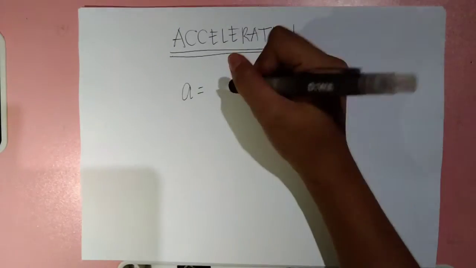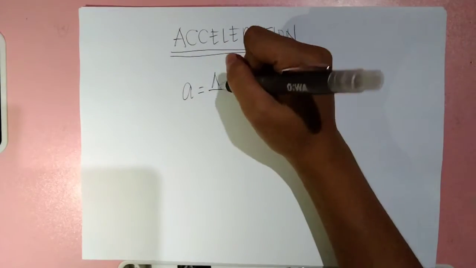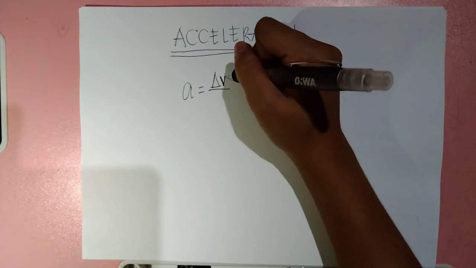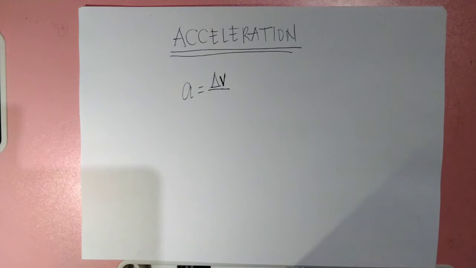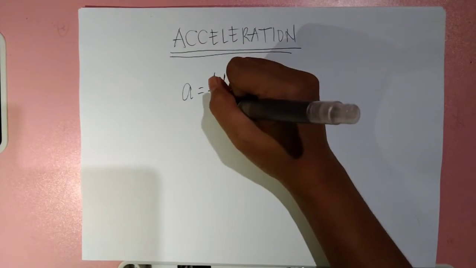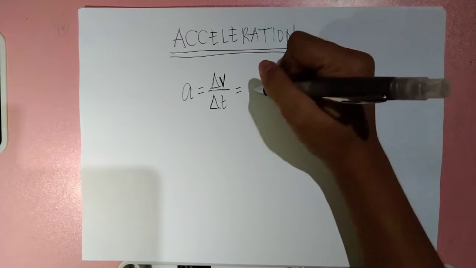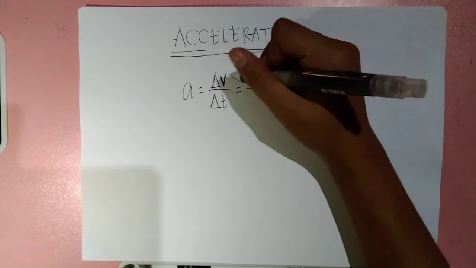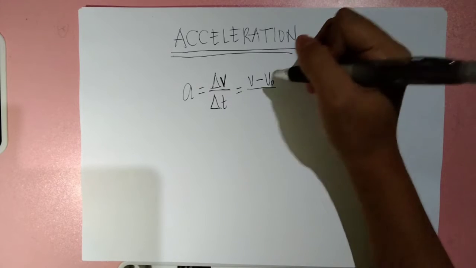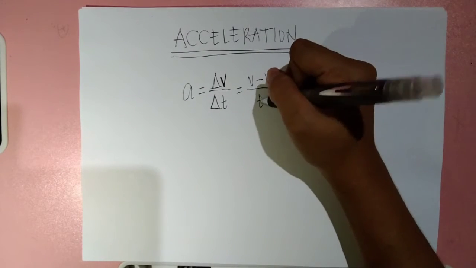So the equation for acceleration can be written as a equals delta v, since it is again rate of change of velocity, over delta t, which can also be expressed as a change in velocity, v minus v sub 0, over t.